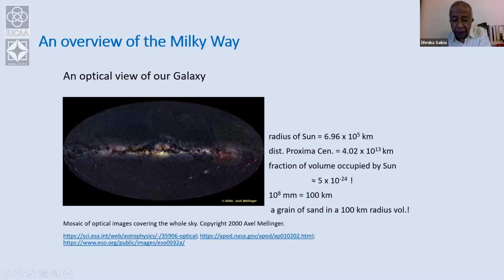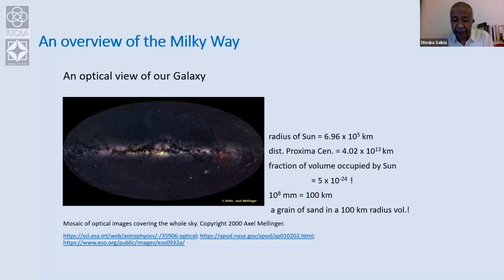So if you enclose a volume of about 10 to the power of 8 millimeters with 100 kilometers, that's about 10 to the power of 24 millimeters cubed. So if you had a biggish grain of sand or a small pebble in Bombay, and you take another 100 kilometers away, say Pune, as the crow flies, that is the kind of separation between the stars compared to the size of the star itself.